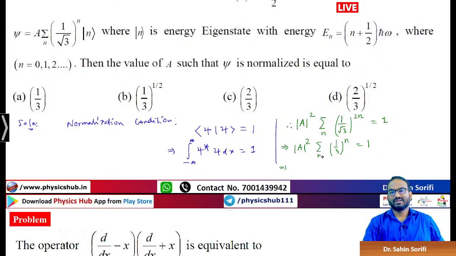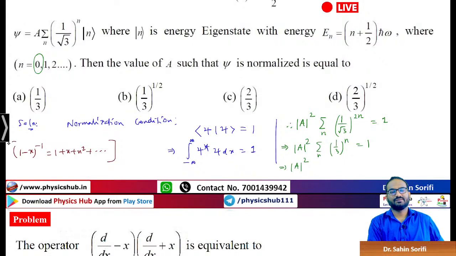Now you know, it is a harmonic oscillator, so n starts from 0. So 1 plus 1 by 3 plus 1 by 3 whole square plus 1 by 3 cube, and so on. This is the formula: 1 minus x whole inverse is 1 plus x plus x square plus x cube and so on.